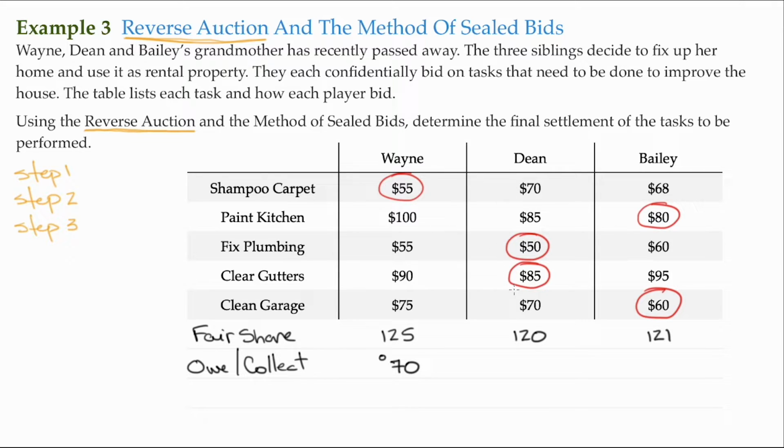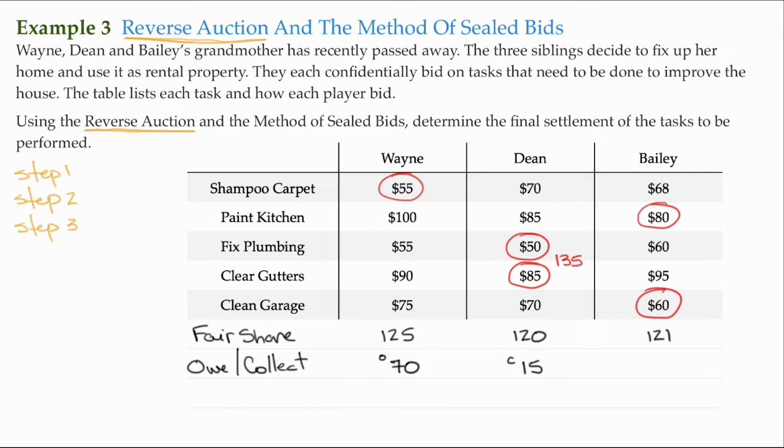Similar to what we did for the standard method of sealed bids. We go through here and we can see that $50 and $85, well, that's $135. I'm just going to pencil it in right there. That's $135 worth of work. But Dean thinks that he should only be doing $120 worth of work. So he's doing $15 more worth of work. So he's going to collect $15, and I'm going to mark that with a C right there.